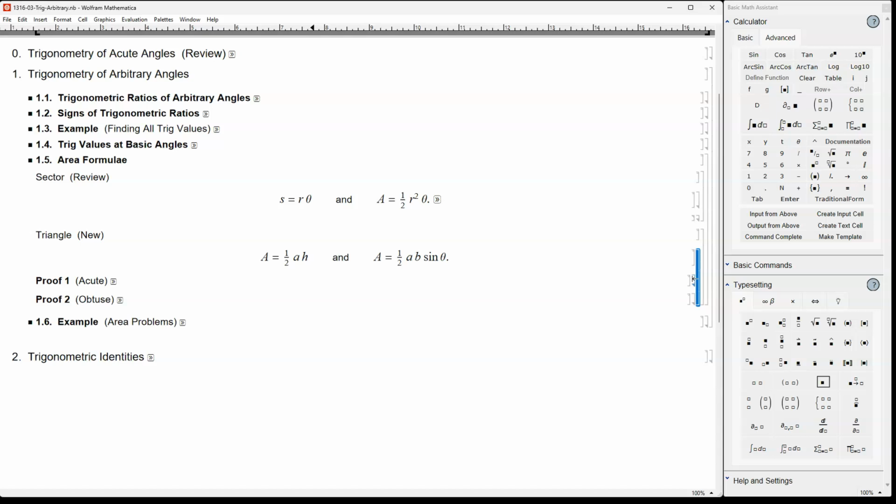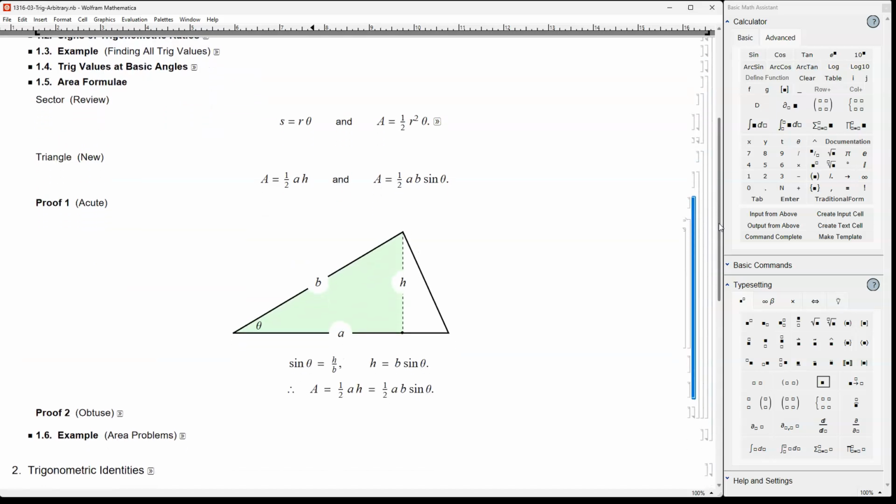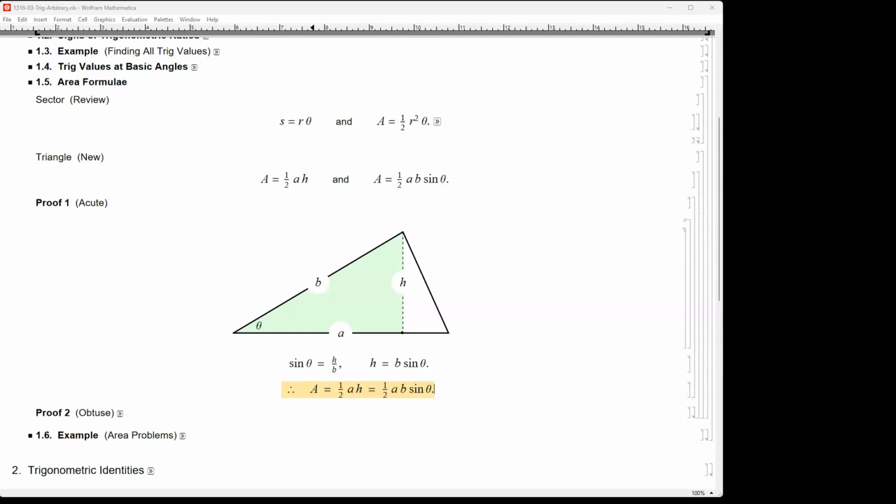Here's a visualization. One for acute triangle, which is a bit easier to understand. So the area is 1/2 AH. A is base length, and h is the height. And if you multiply a times h, then you're going to get a rectangle, right? So you're going to get this kind of rectangle.